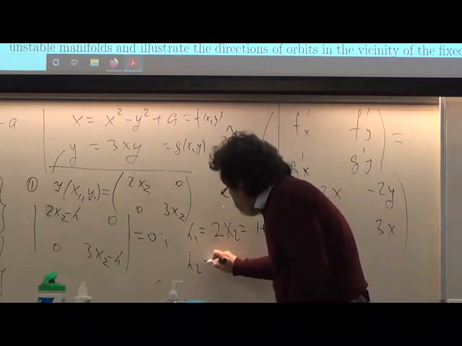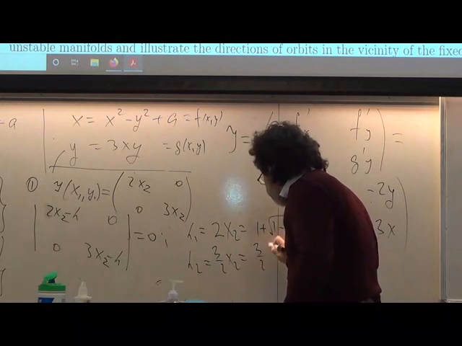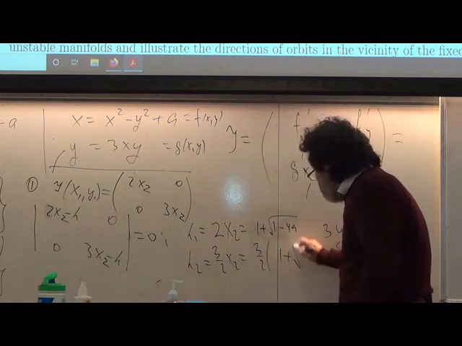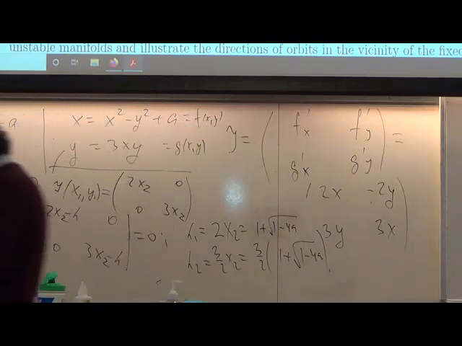And lambda 2 would be 3 over 2 times x2, which is 3 over 2 times (1 plus square root of 1 minus 4a). Now, what is this?